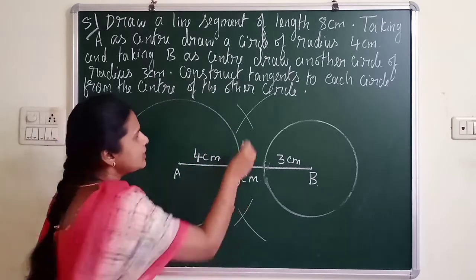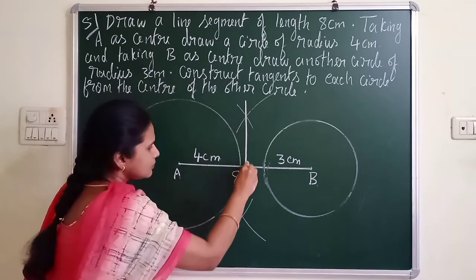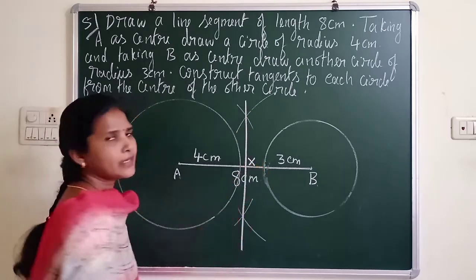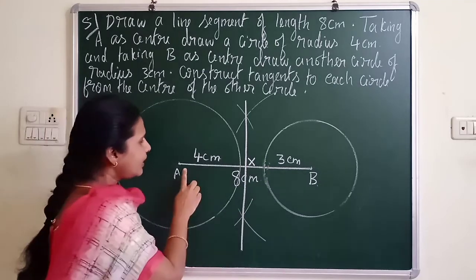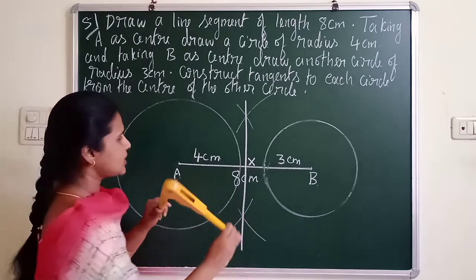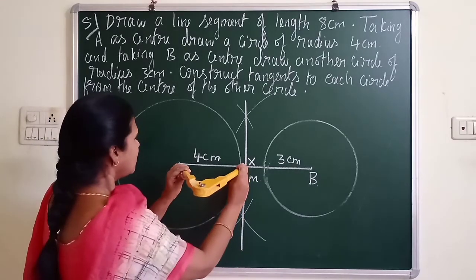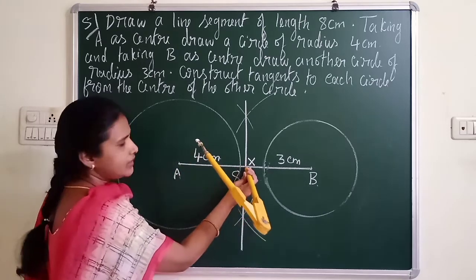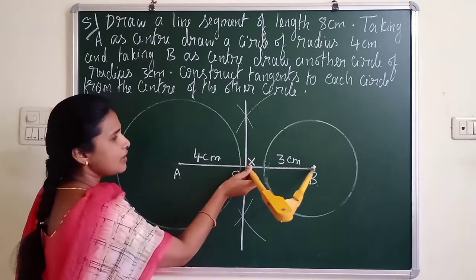So join this. Now mark any point here, X. Now you can observe that AX and BX distance will be the same, and that is 4 cm. So as usual you have to draw a circle with X as center and radius XA or XB.